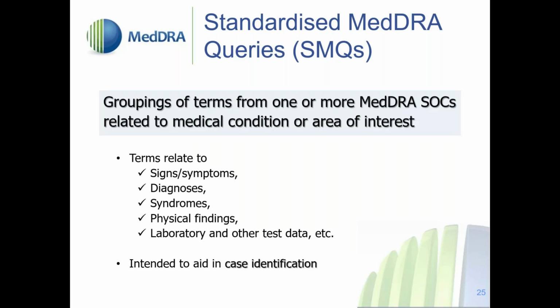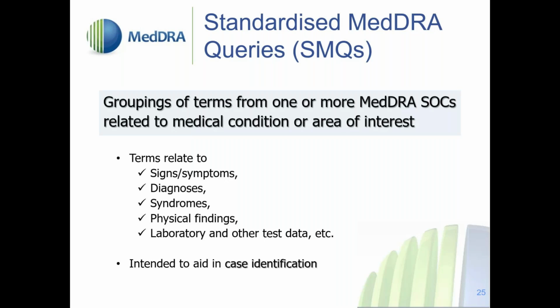The whole point is to identify cases to help answer a medical question or a safety question, whether this is for summary and analysis of clinical trial data, for pharmacovigilance, medical information questions, a query from a regulator, or other purposes.